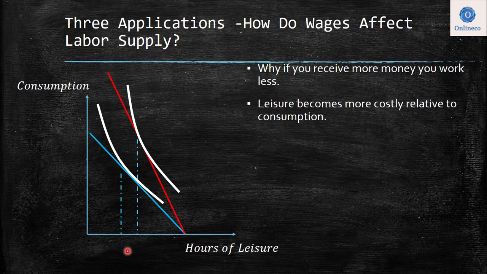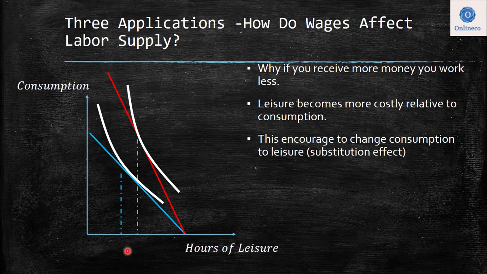Because leisure becomes more costly relative to consumption, right? It becomes more costly because you receive more money. Then this encourages changing from leisure to consumption. This is the substitution effect. You say, okay, if I give up 1 hour of leisure, this will cost more than before. So this should be kind of negative.